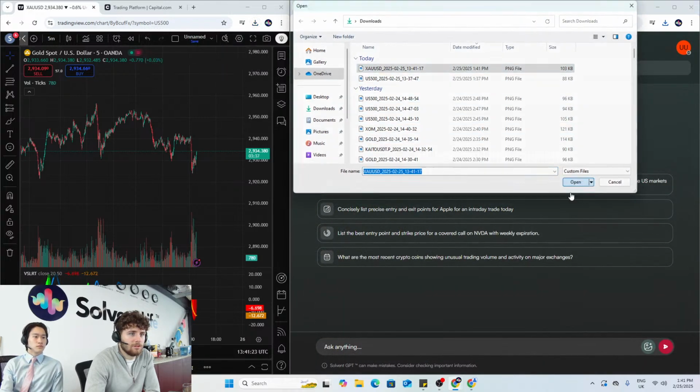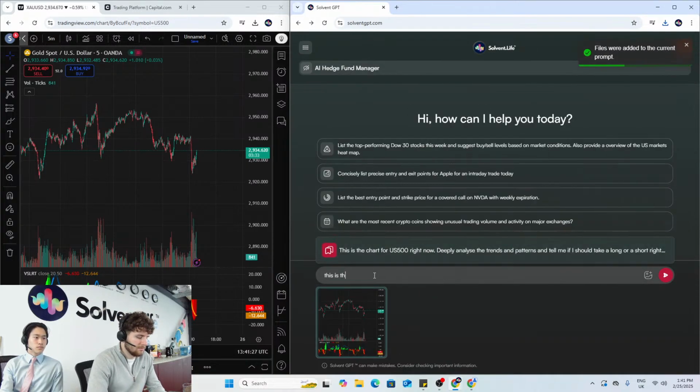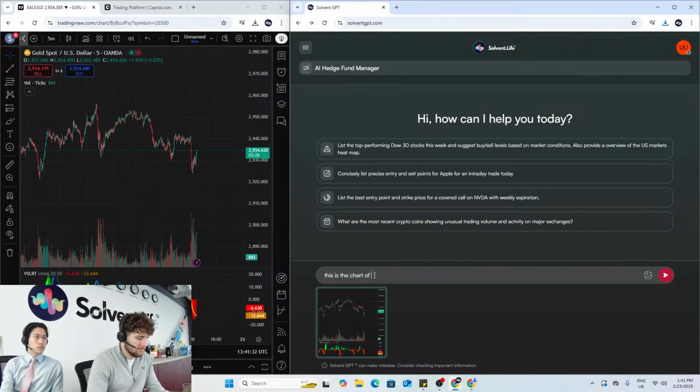Fantastic. We'll just attach this. We'll say this is the chart of gold. Give me entry and exit points.